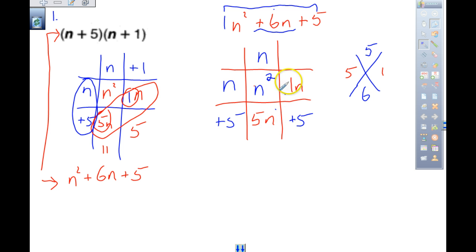And what's the GCF of 1 and 5? Well, if all else fails, 1 always goes into every number. And then you can also check, make sure that these two multiply to here. So 1 times n is 1n, 1 times 5 is 5. And that's how you're going to work this backwards in order to factor the trinomial.